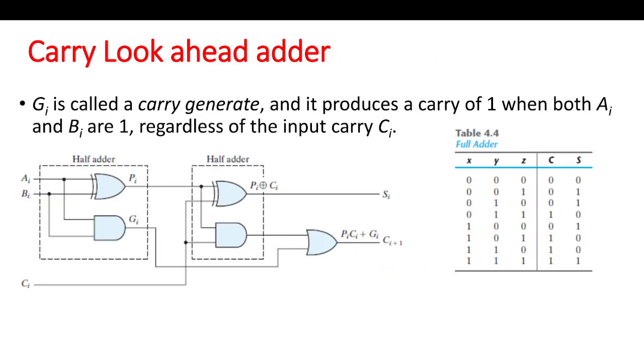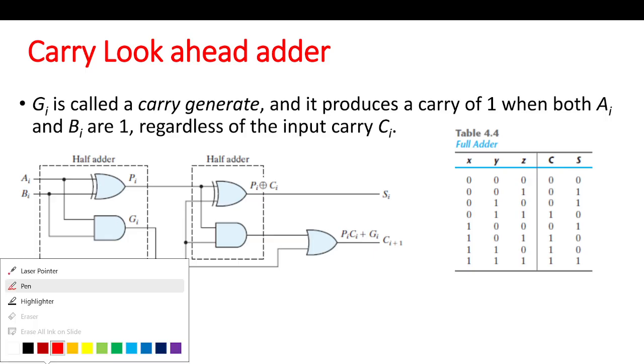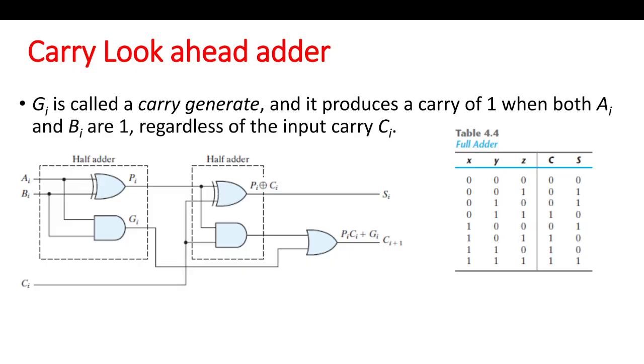So now we will see the carry lookahead adder. We said that the delay is more because of the carry propagation. So for that we will be generating the carry in a different way.